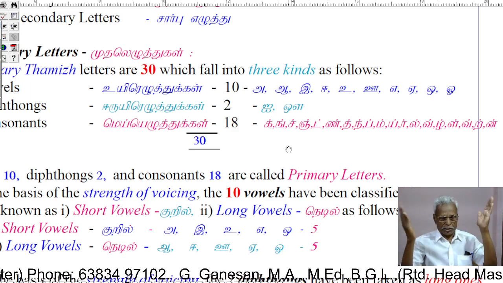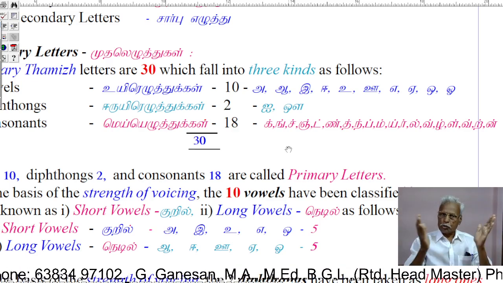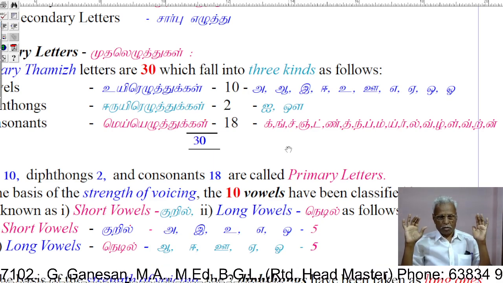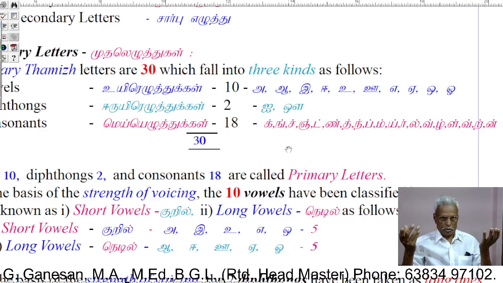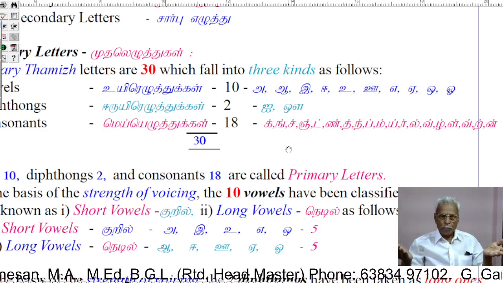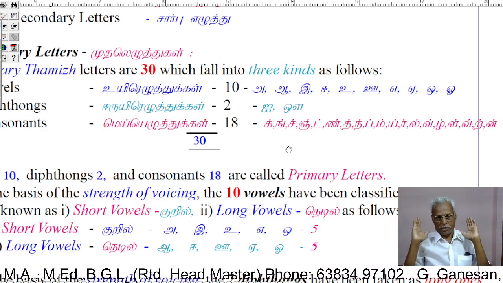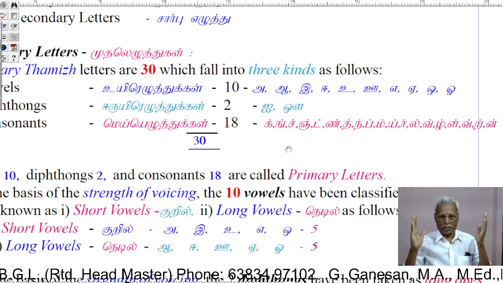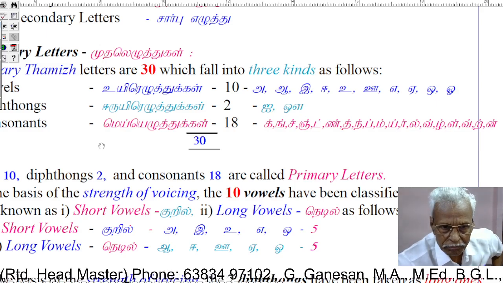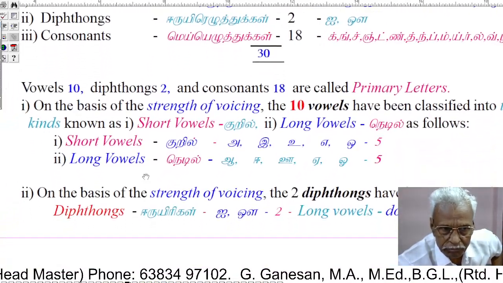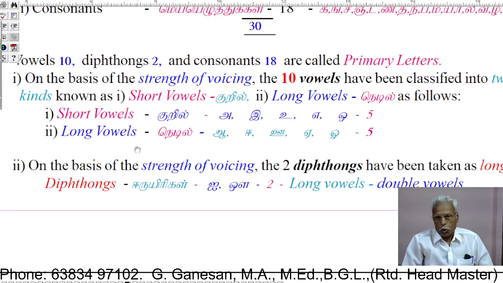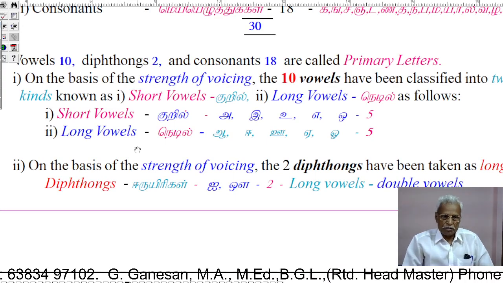These 30 plus that 216, that is on the whole 246 letters, are mainly used in Tamil, both in speech and writing. The special letter act is used occasionally. Vowels 10, diphthongs 2 and consonants 18 are called primary letters.